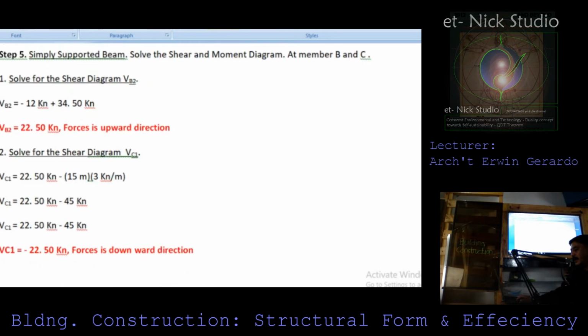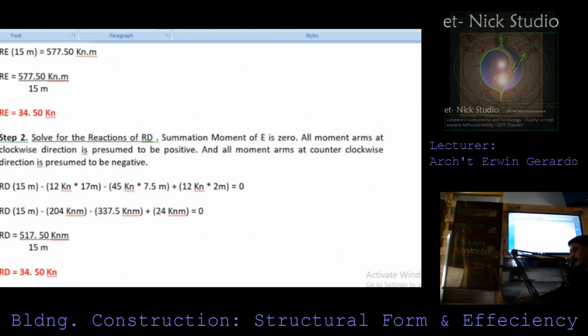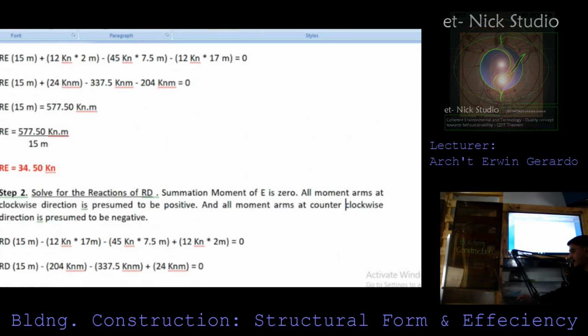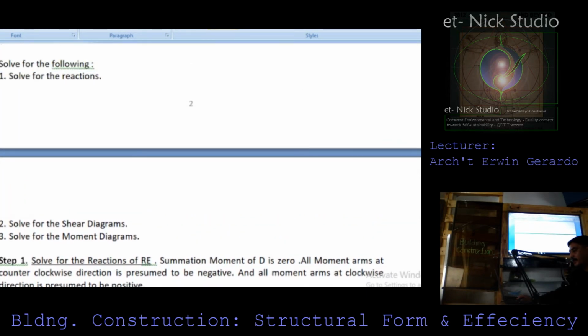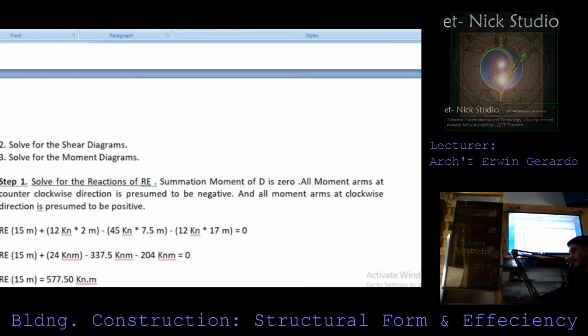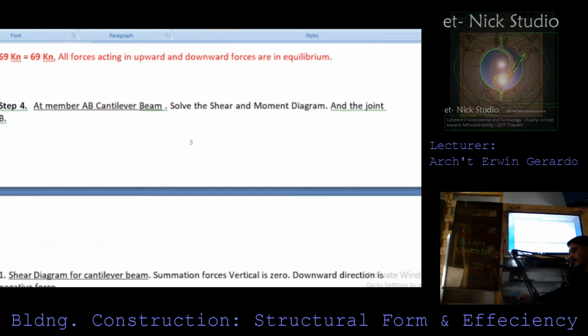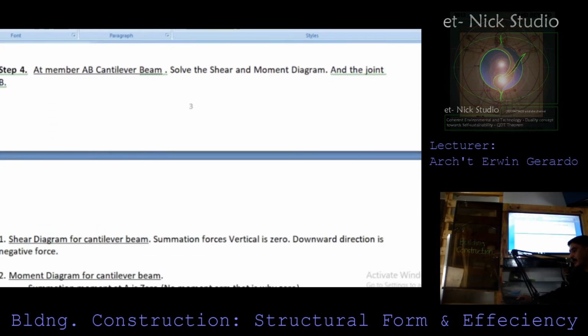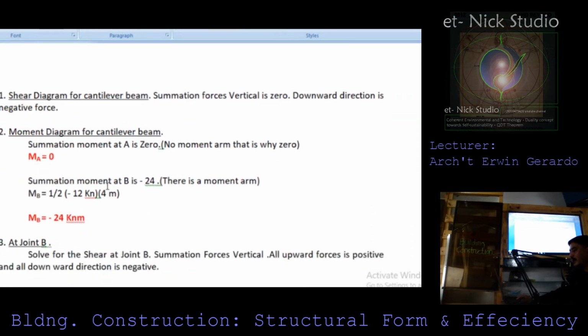Now, under step 4 at member AB, which is actually the cantilever beam, let us look at how we solve for the summation of moments at B, which is negative 24.